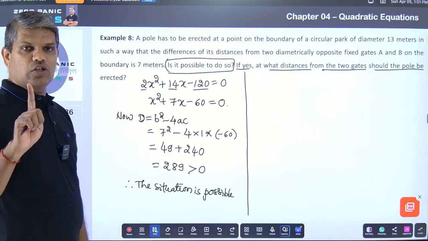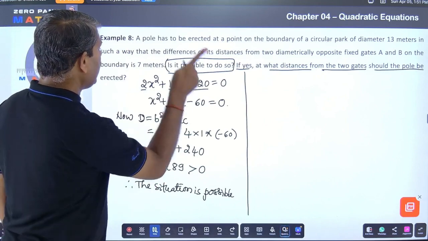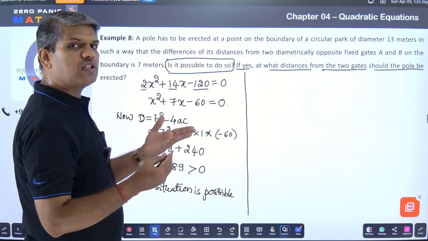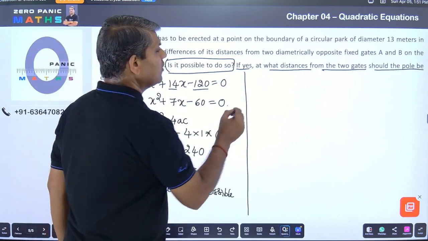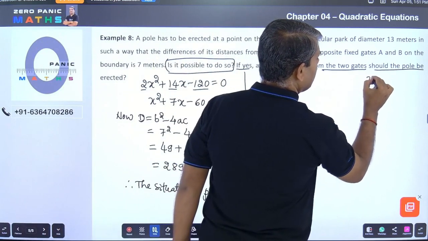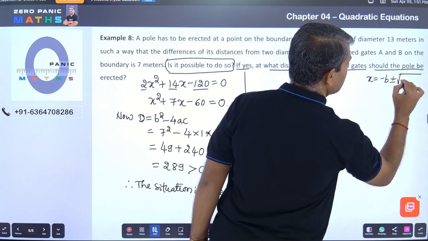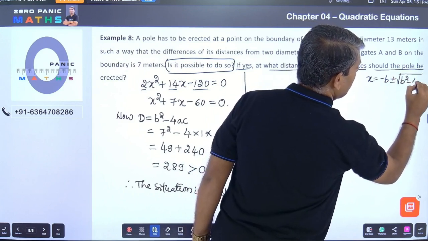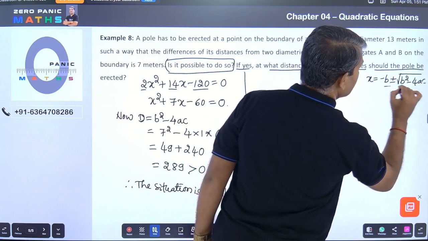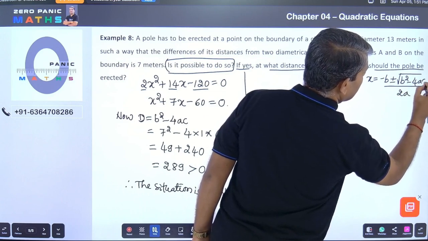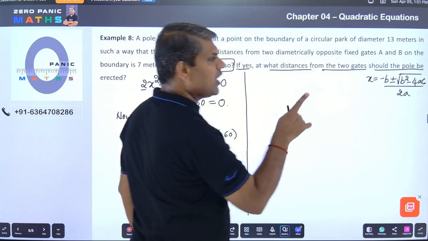You understood this point? Now let us find the roots by using the formula. Remember that x is equal to minus b plus or minus the square root of b square minus 4ac, divided by 2a. Please keep this formula in your mind.